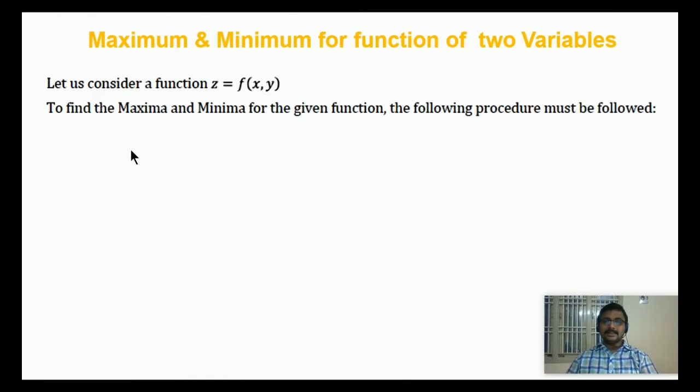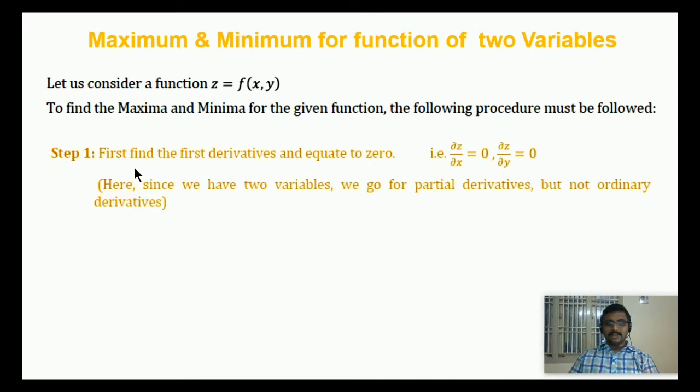Let us consider the function z equal to f of x, y. To find the maxima and minima of the given function, the following procedure must be followed. First step: first find the first derivatives and equate them to 0. The first derivatives are ∂z/∂x equal to 0 and ∂z/∂y equal to 0.